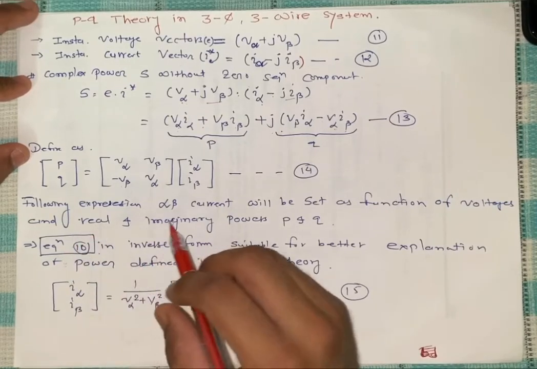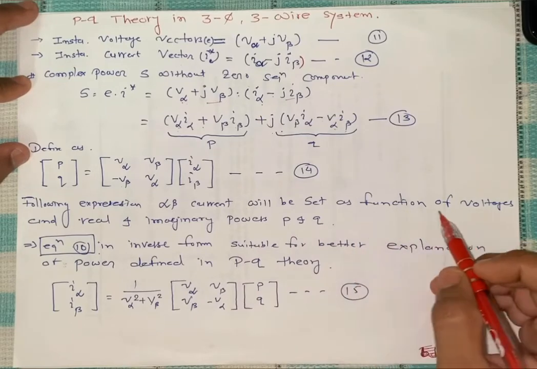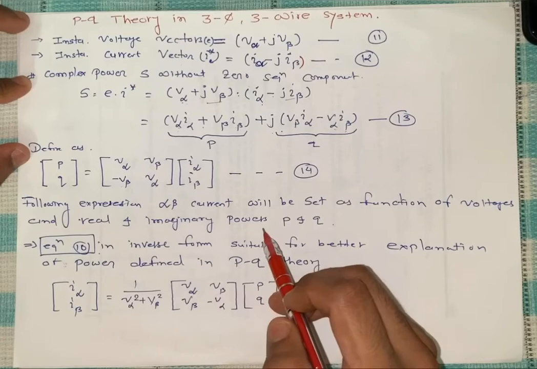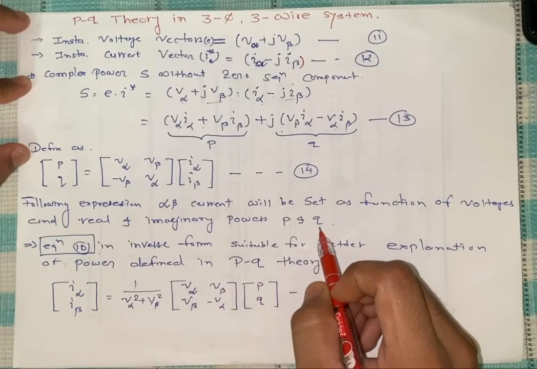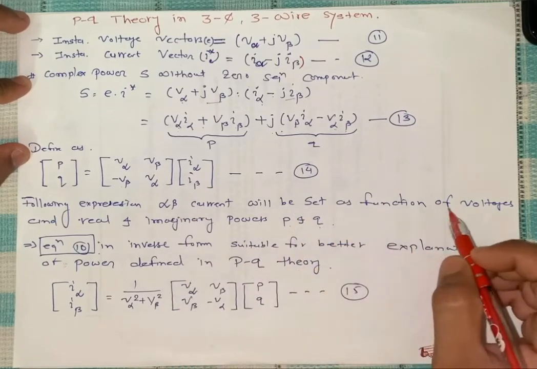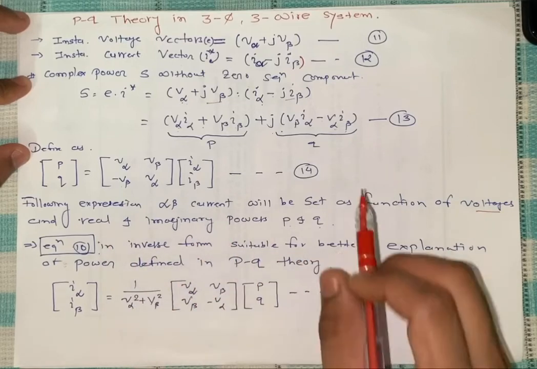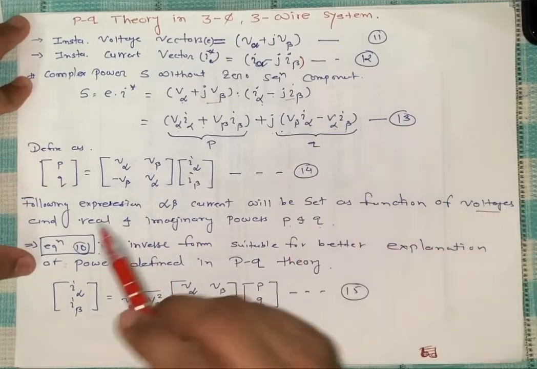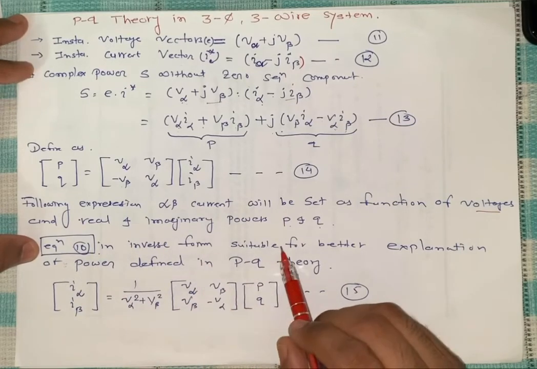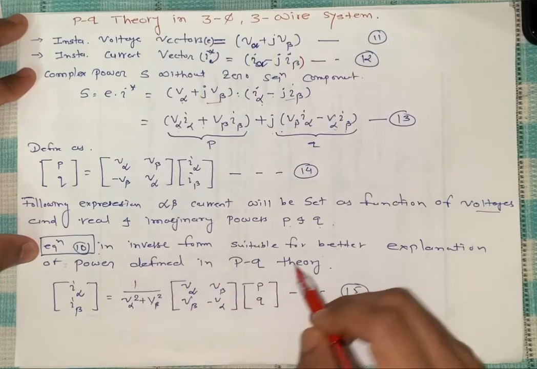Now, in the following expression, the alpha-beta current will be set as a function of voltage and the real and imaginary power, in the form of P and Q. So the alpha-beta expression of the current is set as a function of voltage as well as power, real and imaginary both. Whatever was in the previous equation number 10, the inverse form is suitable for better explanation of the power defined in PQ theory.